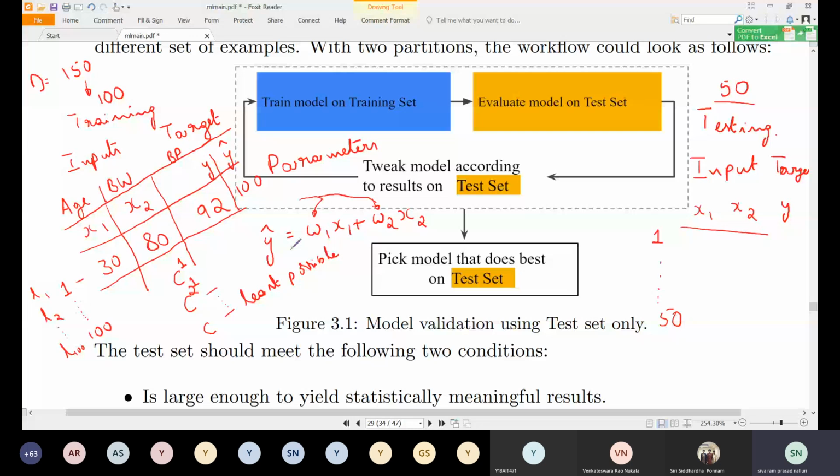Okay, then whenever you have come up with optimal weights or optimal parameters for your model, you can conclude that your training phase is over.